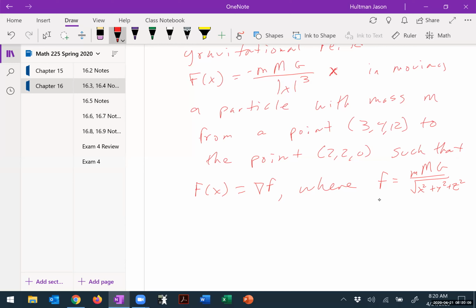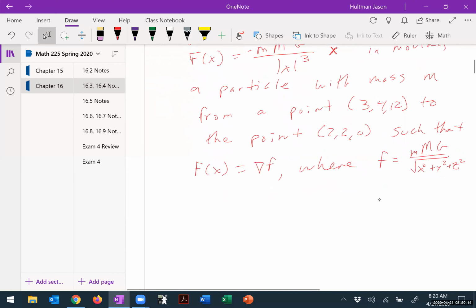So basically this is just a plug and play problem. We want the work done, which is going to be our line integral of F dot dr, which is equal to the integral from a to b of del f dot dr, which is equal to f evaluated at b minus f evaluated at a.